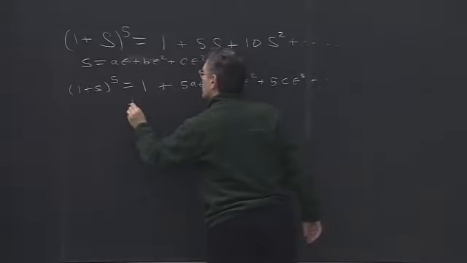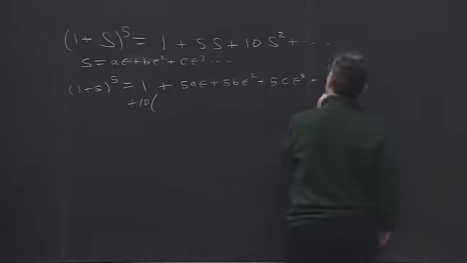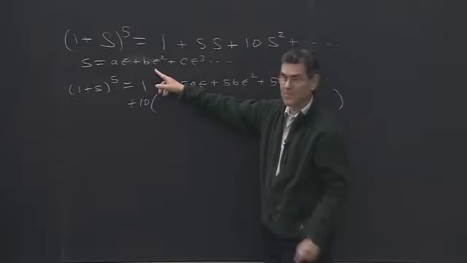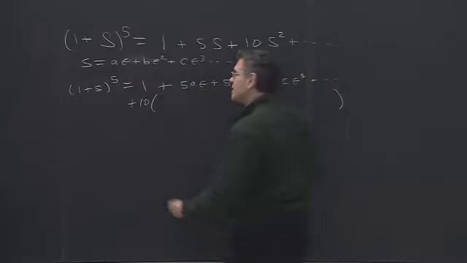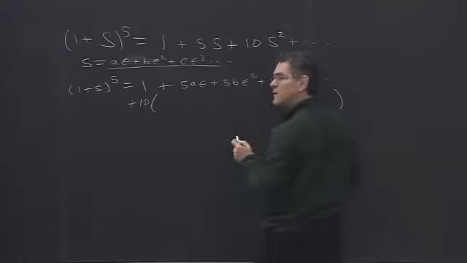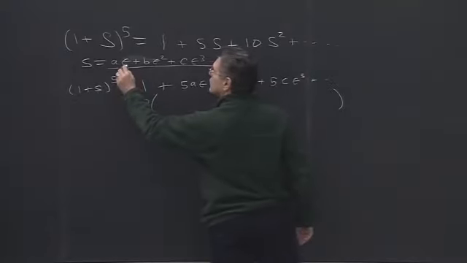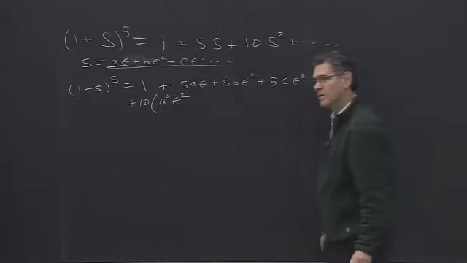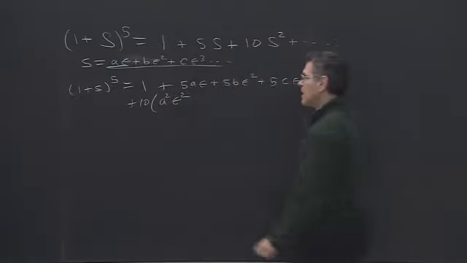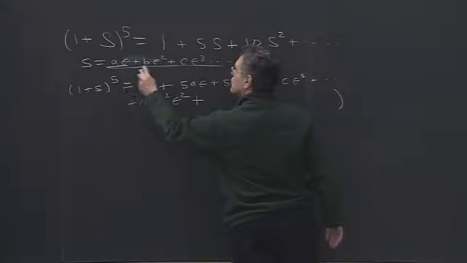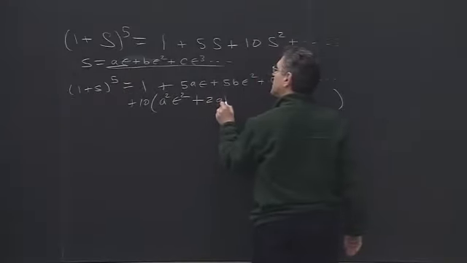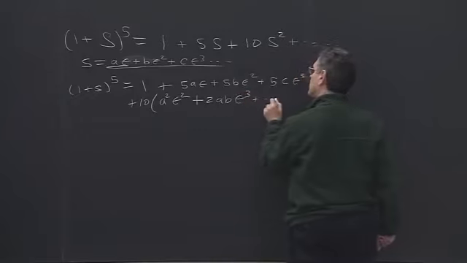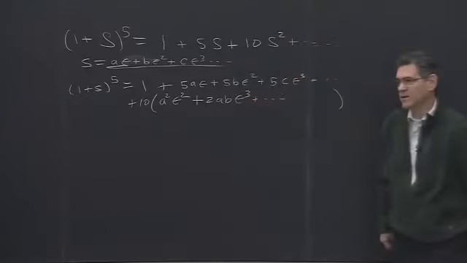And then we have plus 10 times the square of that. So if you square that, what do you get? Well, first we'll square this term, and you get A squared epsilon squared. And then you get 2AB epsilon cubed, and more terms, and I'm tired already.